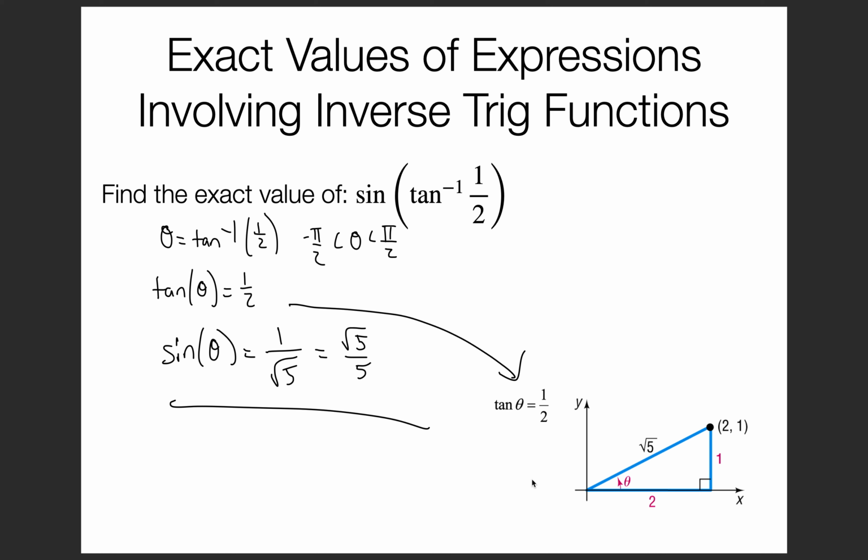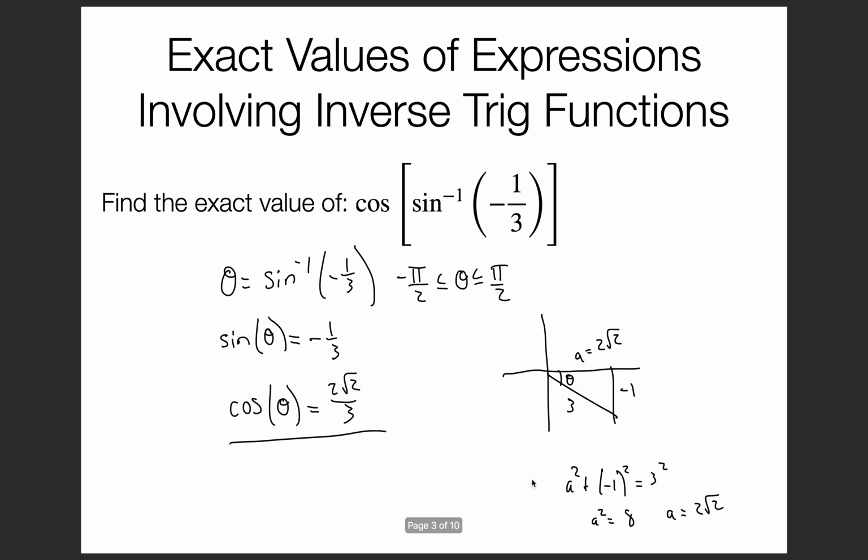And so with the triangle in the bottom right, we can find what the sine of theta is. It's opposite over hypotenuse, or 1 over the square root of 5, which, when you get rid of the square root in the denominator, gives you square root of 5 over 5. So that's an example of working with two functions and inverse functions that aren't the same.